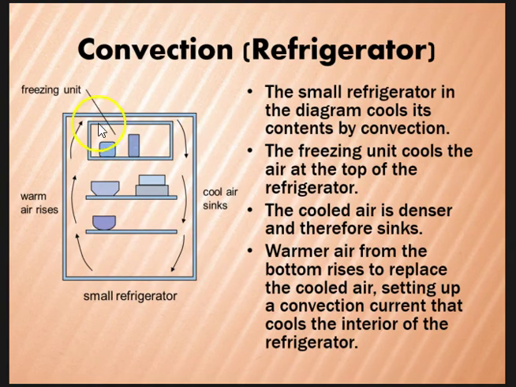Notice that most fridges have their freezing unit at the top, and it is this freezing unit that cools the air at the top. This cool air, which is denser, will then sink. Warmer air from the bottom, which is less dense, will then rise to replace the cool air. This will set up a convection current inside the fridge, which helps to contribute to the cooling of the inside of the refrigerator itself.